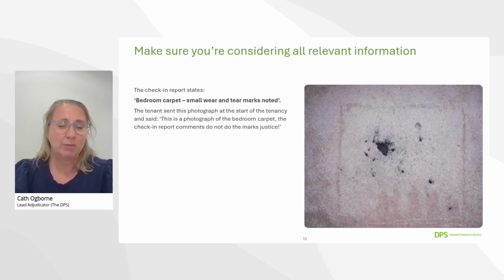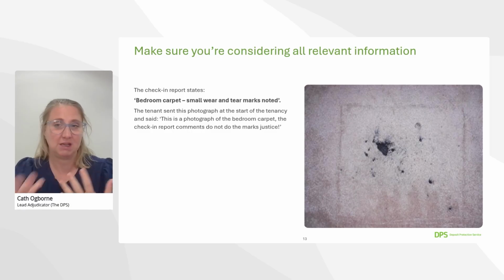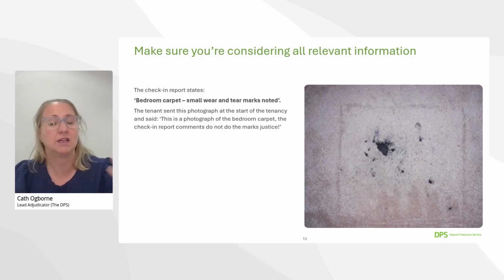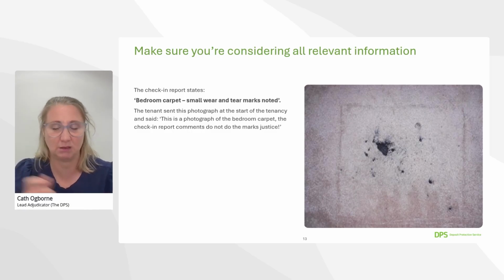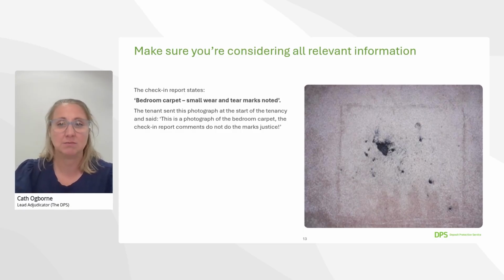So when we're looking at whether or not there has been a breach, maybe because you've seen this stain at checkout and think, well, I think we need to make a claim here for damage to the carpet, and you're just comparing that checkout photograph with the comment in the original check-in report that said there was just small wear and tear marks noted, this to me would look like additional damage. I would think of a small wear and tear mark as something fairly minor, whereas this clearly isn't minor damage.